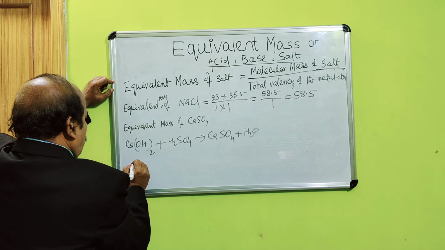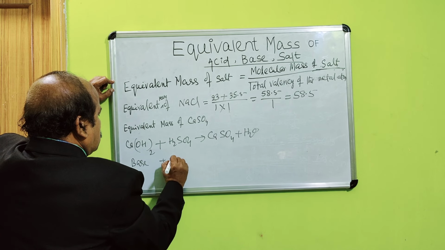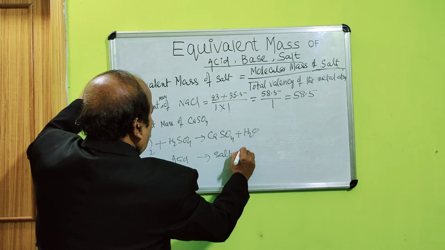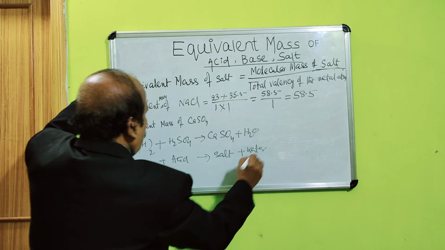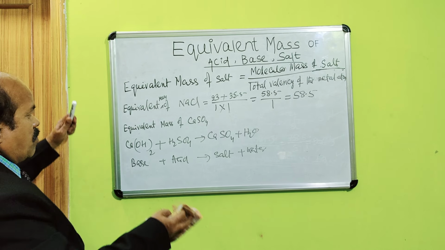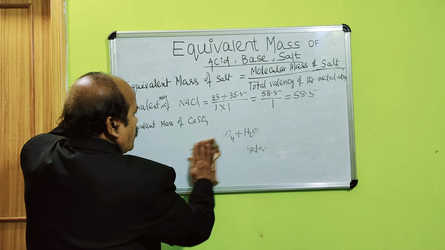So calcium hydroxide base combines with sulfuric acid, calcium sulfate is a salt, plus water. Hence, let me determine how equivalent mass of calcium sulfate, which is a salt, is determined.